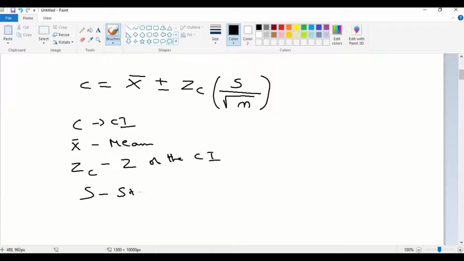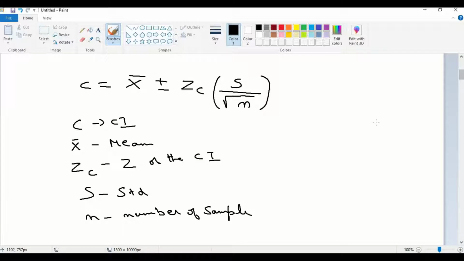S is a standard deviation. N is number of samples. Z value is a tabular value of a confidence interval.